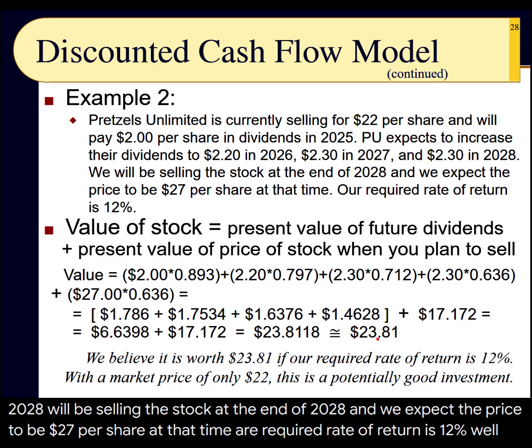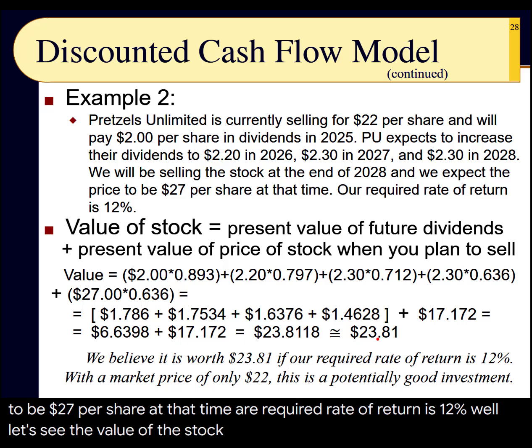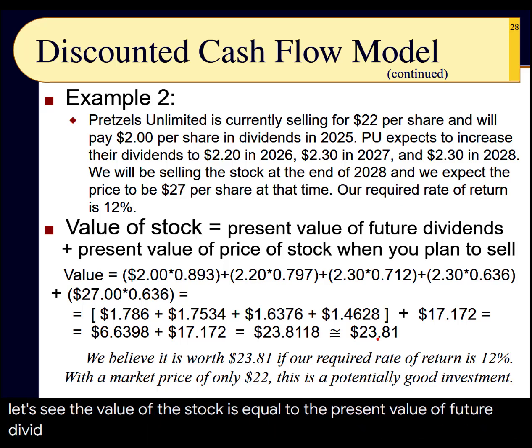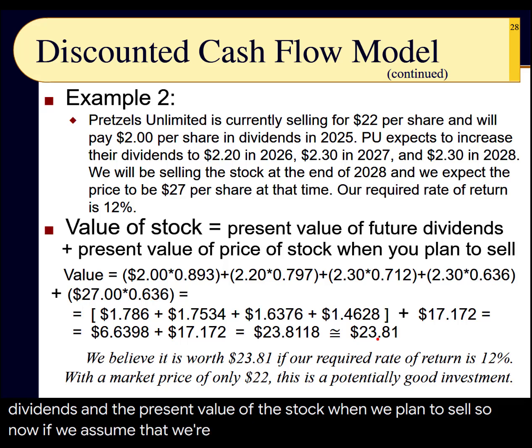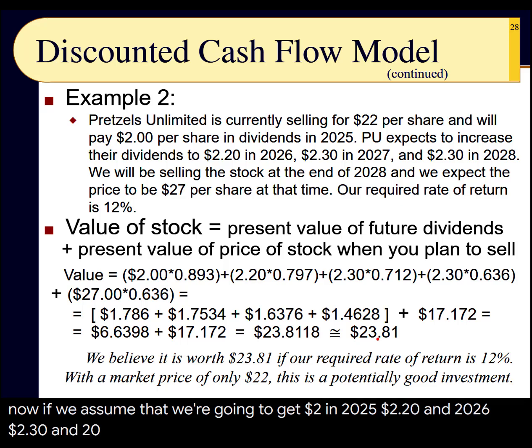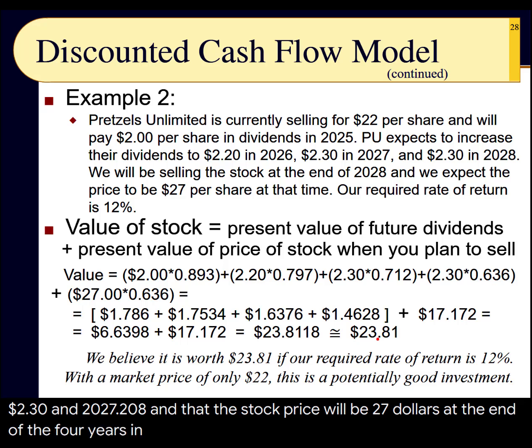Well, let's see. The value of the stock is equal to the present value of future dividends and the present value of the stock when we plan to sell. So now, if we assume that we're going to get $2 in 2025, $2.20 in 2026, $2.30 in 2027, $2.30 in 2028, and that the stock price will be $27 at the end of the 4 years, in this case 2028, we go to the present value table for 12%.